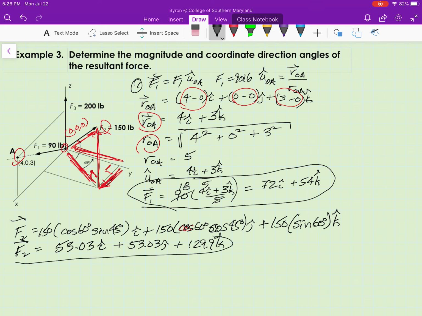So we have f sub 2, and now we need to find f sub 3, which is actually the easiest of these three forces to put into Cartesian form. By inspection, we can see that f sub 3 has a magnitude of 200 pounds, and it acts along the z-axis, or in the positive k direction.